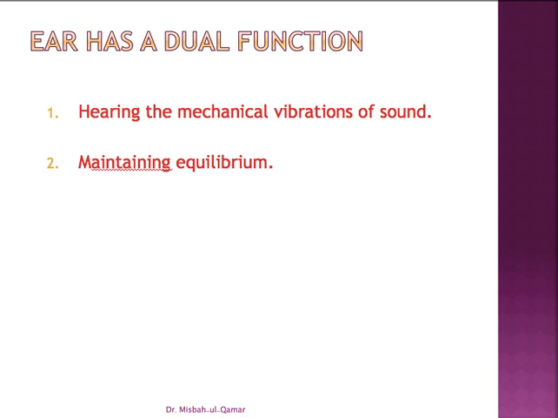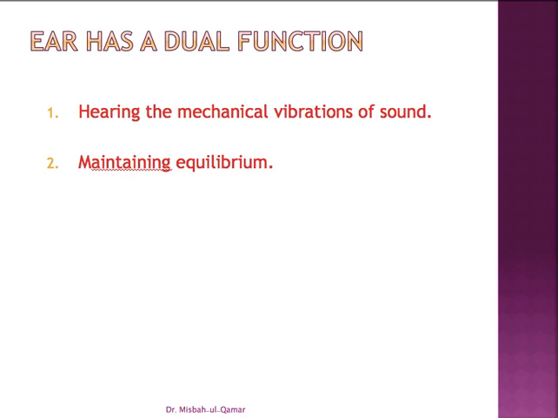And the second function is maintaining equilibrium, both while moving and while staying still. For this purpose, the vestibular system uses hair cells to transduce the head movements. So these were the overall functions of ear.